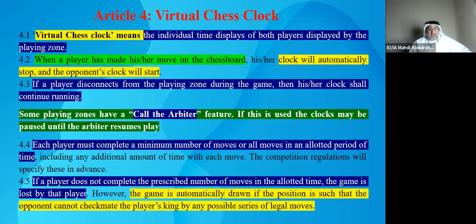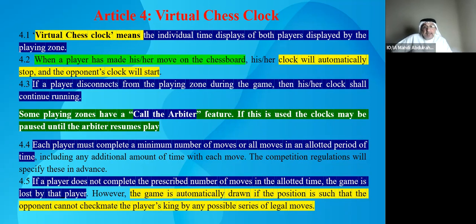Because in some positions, for example, one side has king and two knights against a king and one knight, the platform gives a draw automatically, but there is a chance for the player with the two knights to win, because in some cases he will win. If he takes the king to the corner with the two knights and his king, there is a position where he can give checkmate.